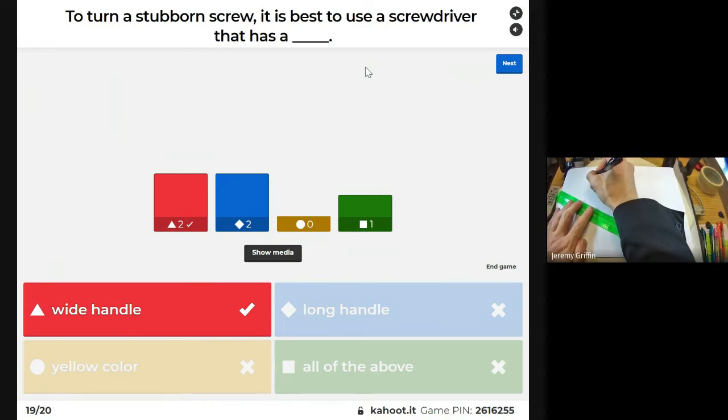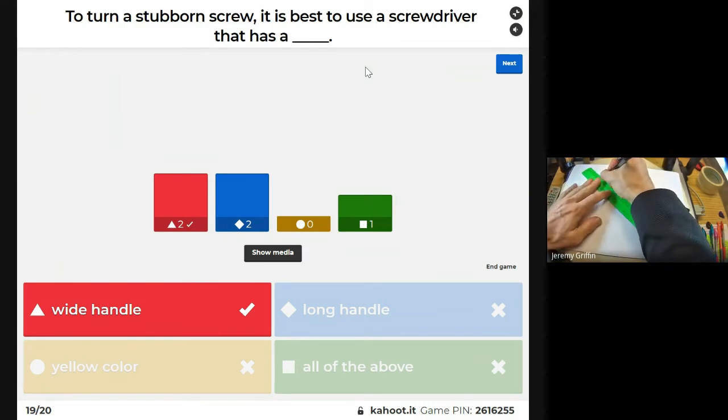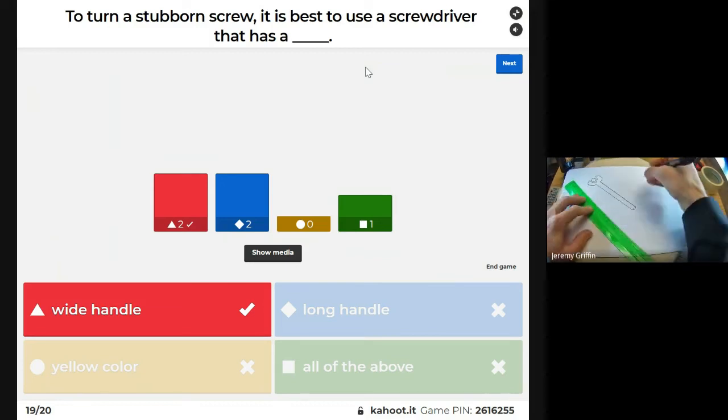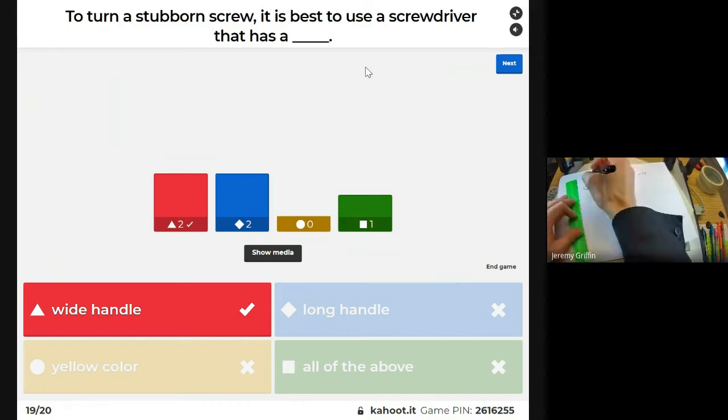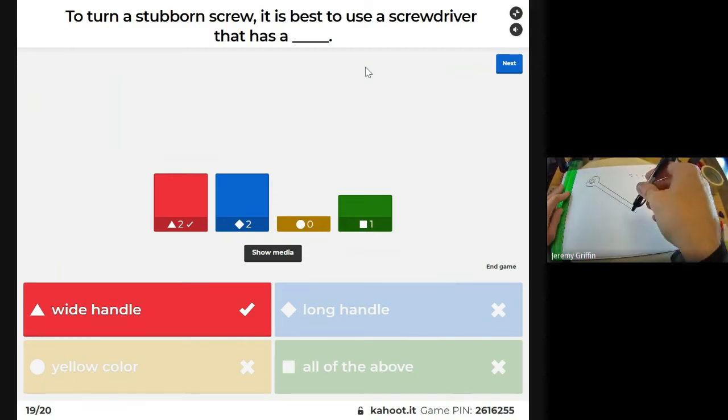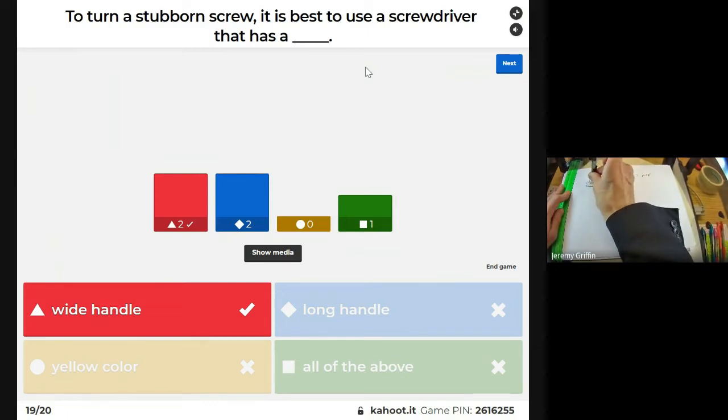Let me draw a tool that I've drawn you guys before, which is a wrench, which is a different kind of tool. So here's a wrench. Now the wrench, you would want a long handle, because torque is equal to R cross F. Now this wrench is trying to turn this nut. You guys know that the axis of rotation would be out of the page, like 3D.